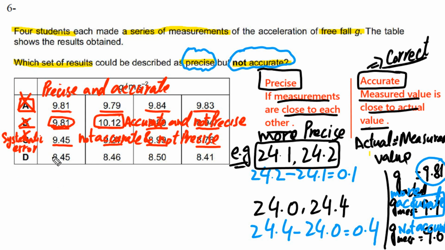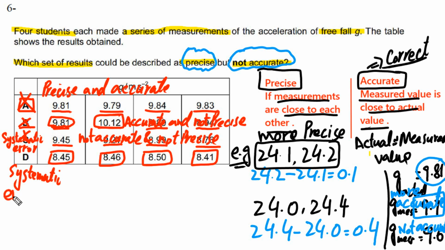But if you look at this one now, you can see this is 8.45 and this is 8.46, very close, 8.50 very close, and 8.41. Even though all these values are smaller, there is also systematic error because all these values are just lying on one side of the actual value.